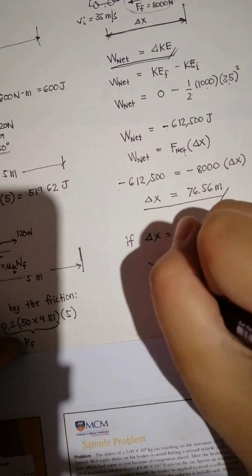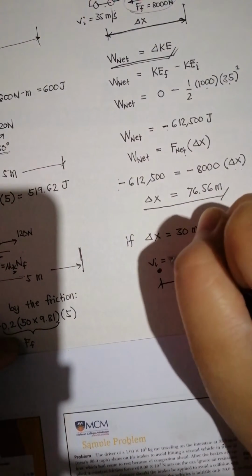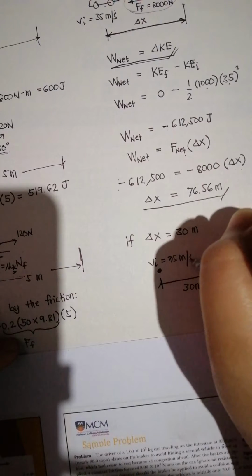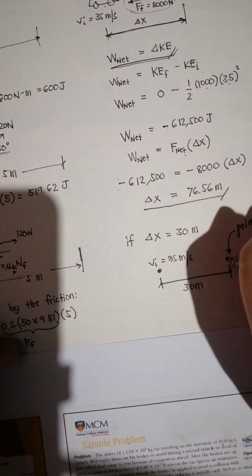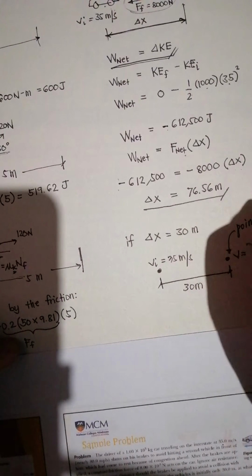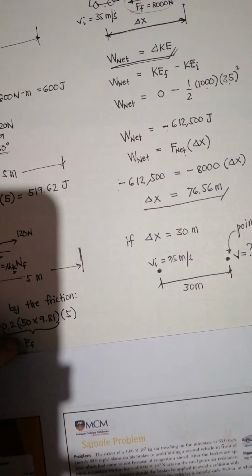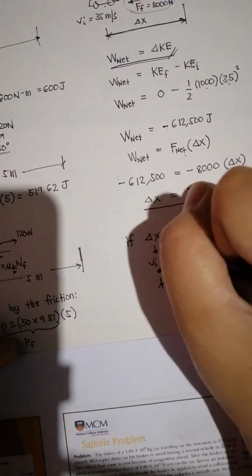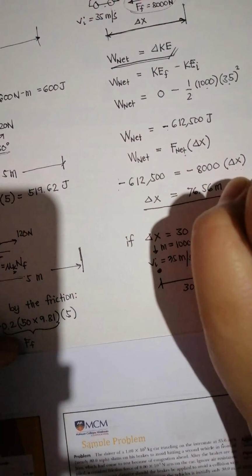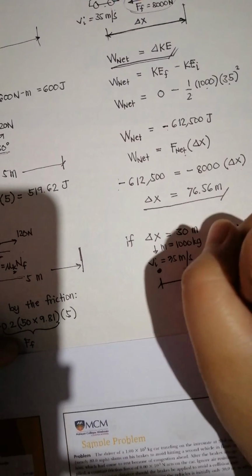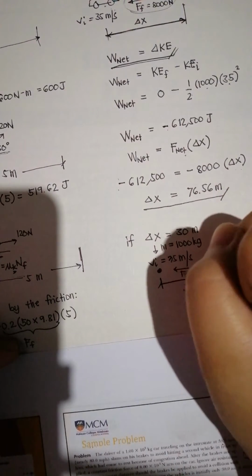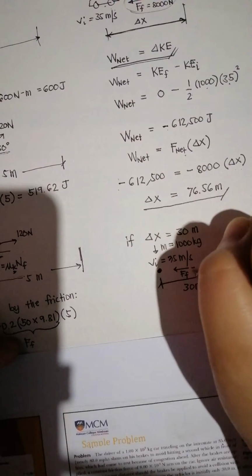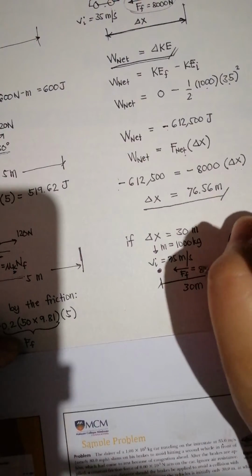In the initial point, the initial velocity is 35 meters per second, and at the final point, the velocity at the point of collision is unknown. Still the mass is the same, 1,000 kilograms, and the friction force produced due to application of brakes would still be 8,000 newtons.